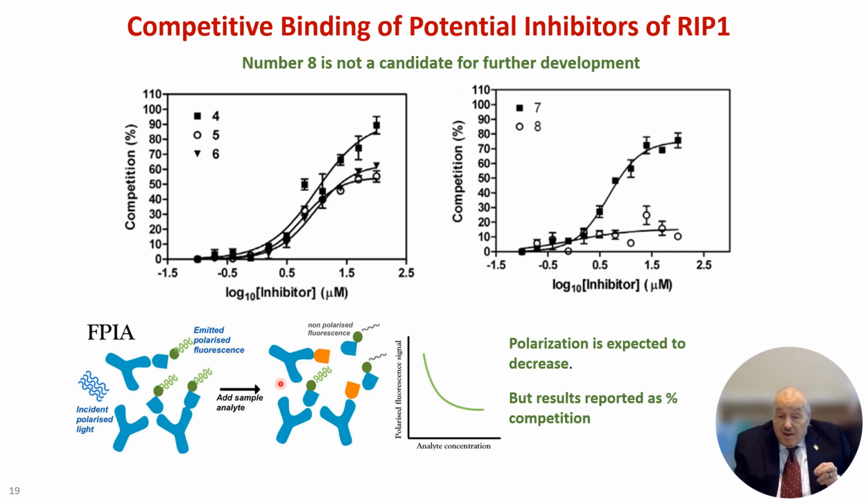And if you do find a better inhibitor of RPI1, it's going to replace some of these smaller drug analogs, and the polarization is expected to complete. For the life of me, I can't figure out why they use this alternative presentation of competition. Somehow they quantify the change in polarization as a percent competition.